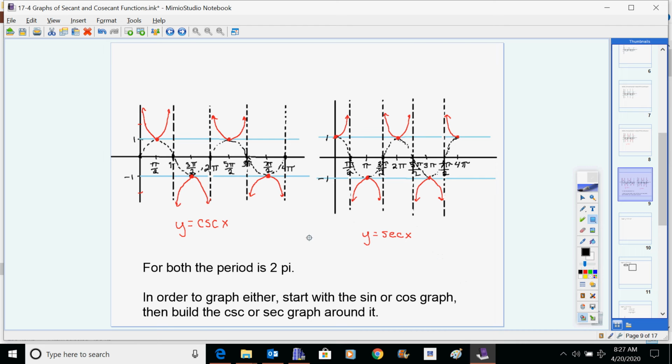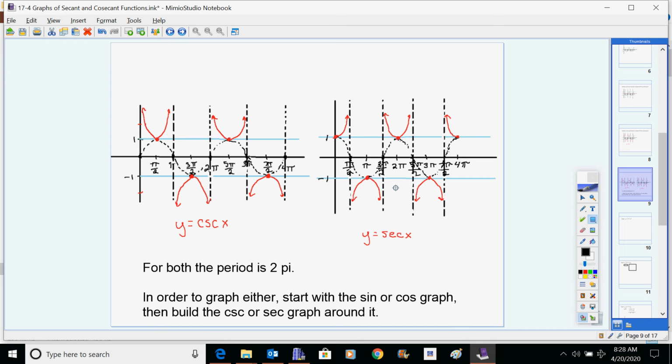Both of them have a period of 2 pi. So far in our graphing, we have 4 functions that have a base period of 2 pi. We have 2 pi for a sine, 2 pi for a cosine, 2 pi for a cosecant, and we have 2 pi for a secant for being a 1 period cycle. Okay?